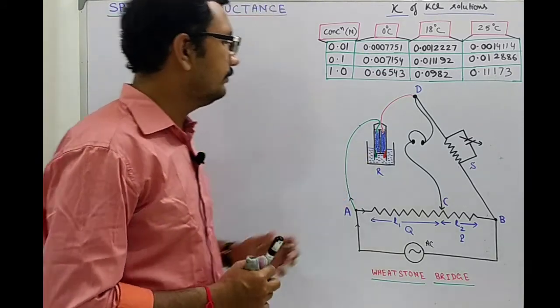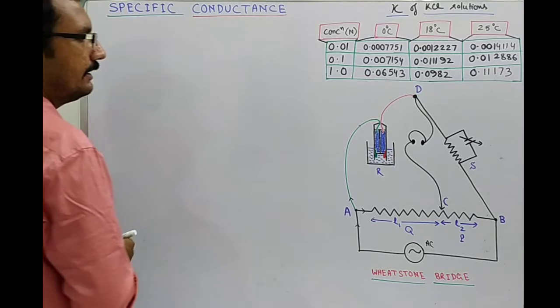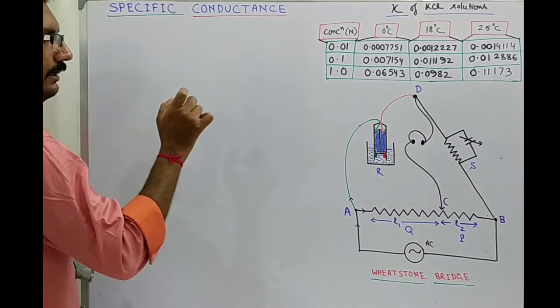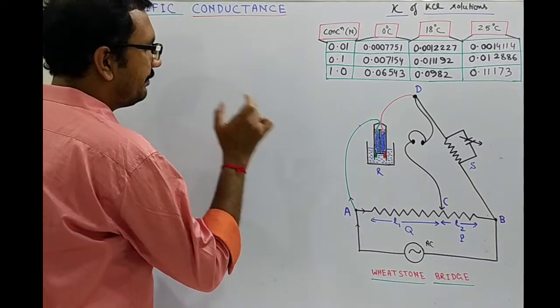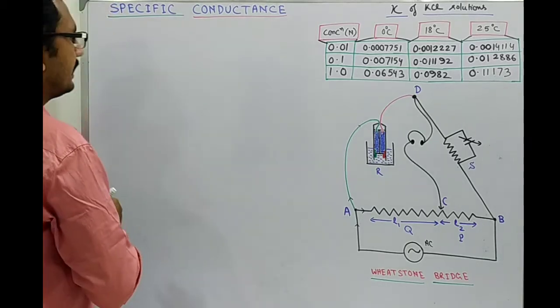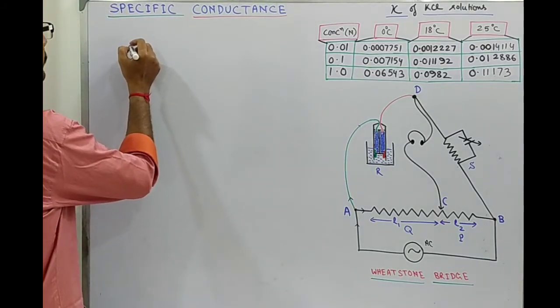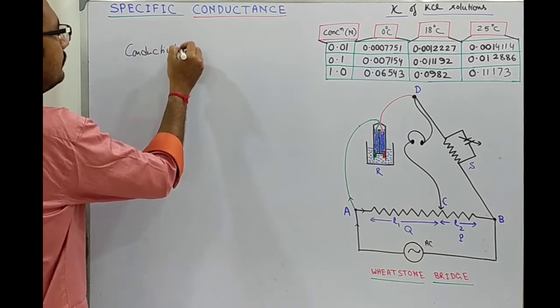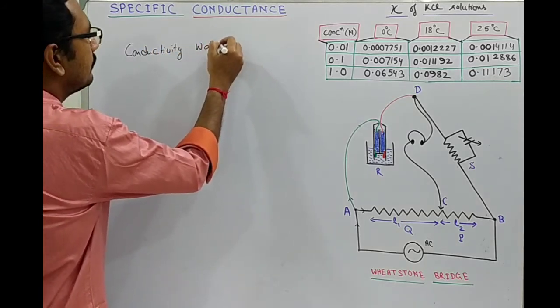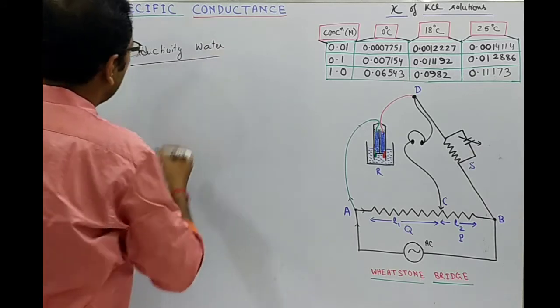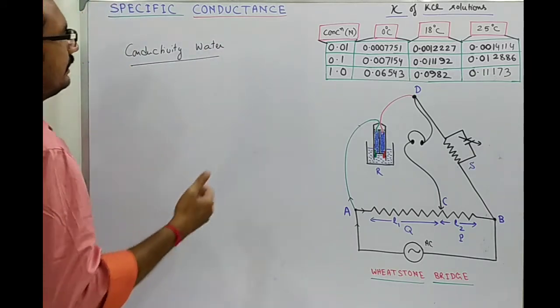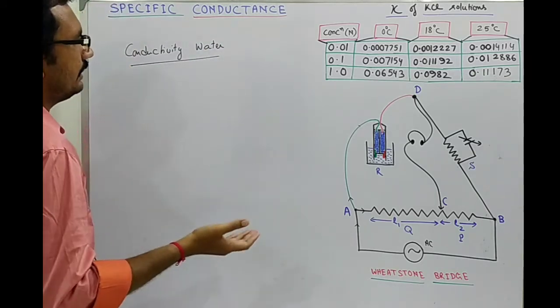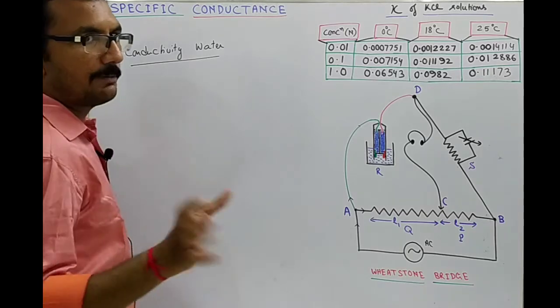What you have to do is that very accurately you prepare a KCl solution using conductivity water. So, you take conductivity water, that is prepared by multiple distillation of water in all quartz apparatus.